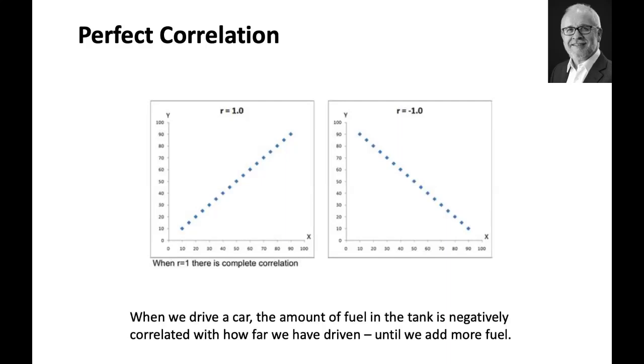If we drive a car, the amount of fuel in the tank is negatively correlated with how far we have driven. The more we drive, the more fuel that we've used, and down goes the level in the tank until we add more fuel. Now, of course, there are minor variations depending on how we drive, but on a long journey, that's going to be pretty close to a perfect negative correlation.